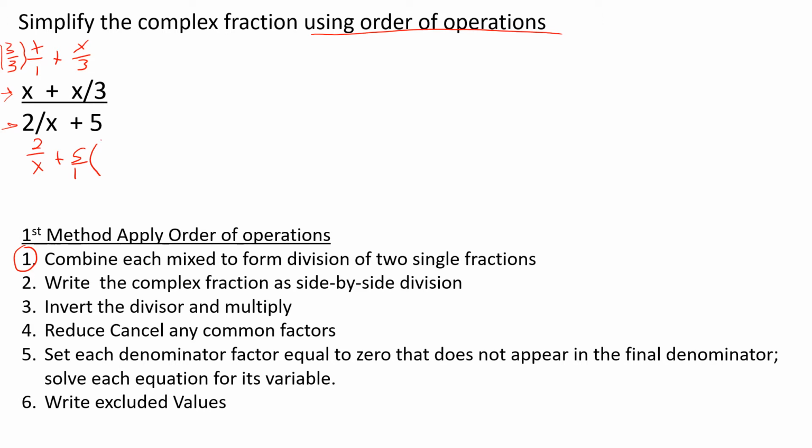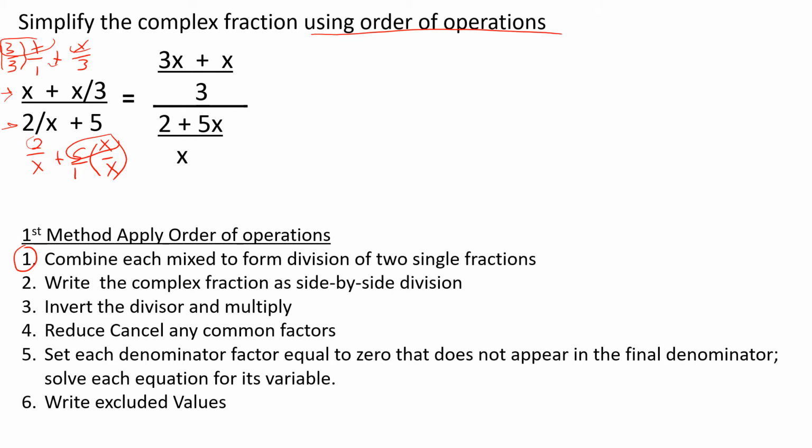I'm going to multiply this by x over x in order to get a common denominator. And so that's what I've done here. So naturally then you end up with 3 plus x all over 3, or you get 2 plus 5x all over x. So that's how we came up with those.